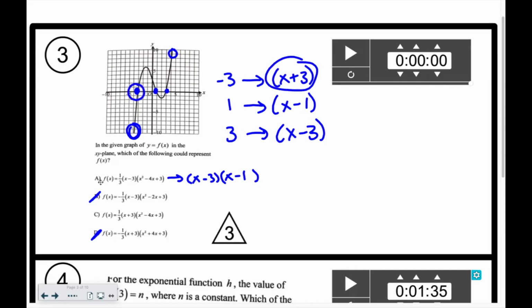Since that's wrong, C must be the answer. Now we would have been done with the problem on the SAT, but to see why this works, when you factor this part of it, you get x and x, and also -3 and -1, but this one has the factor x plus 3. So it has all 3 factors that we need to give us all 3 x-intercepts.